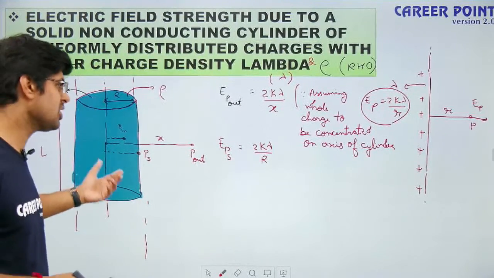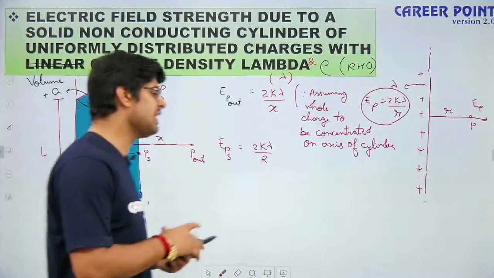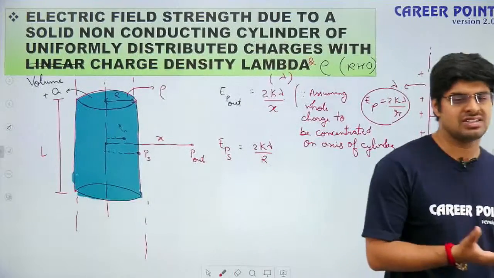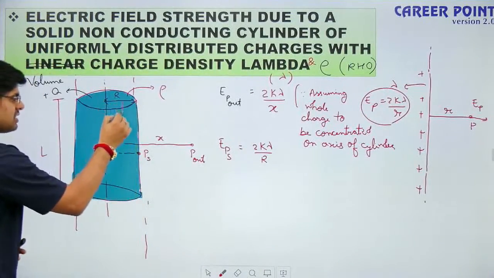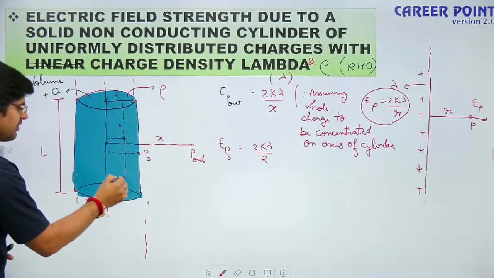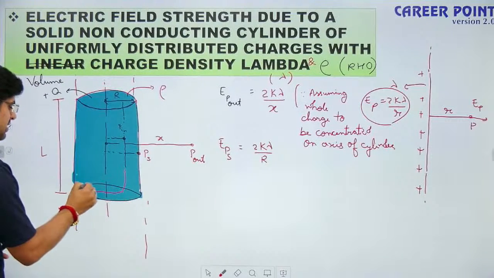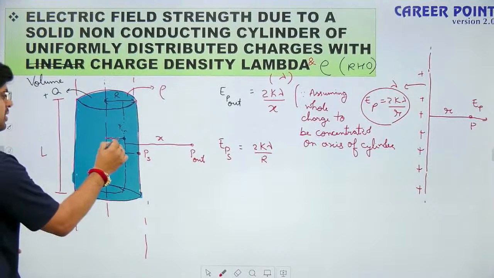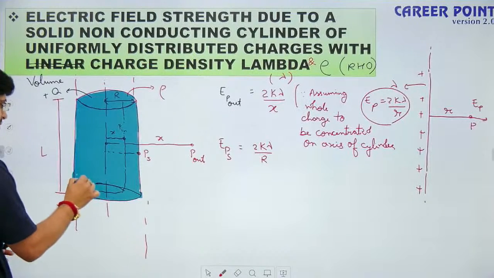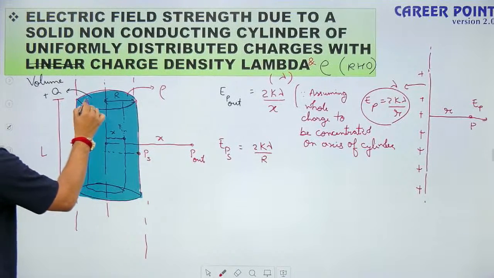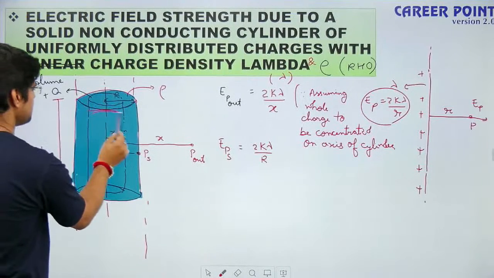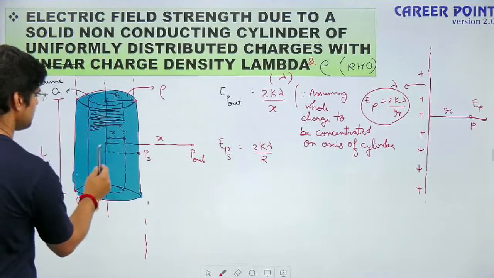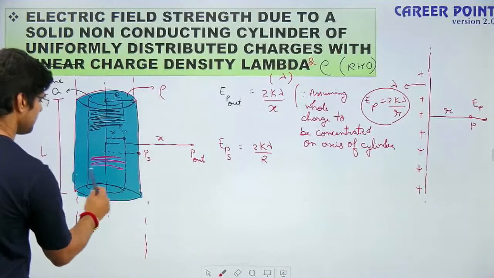Now only one case is remaining, and that is crucial, because upon that we will have to define how much charge is present when we are considering this point P inside. If I make a cylinder with a radius equal to the distance of point P inside from the axis of the cylinder, like this, then I will have to decide what charge is present inside this cylinder.